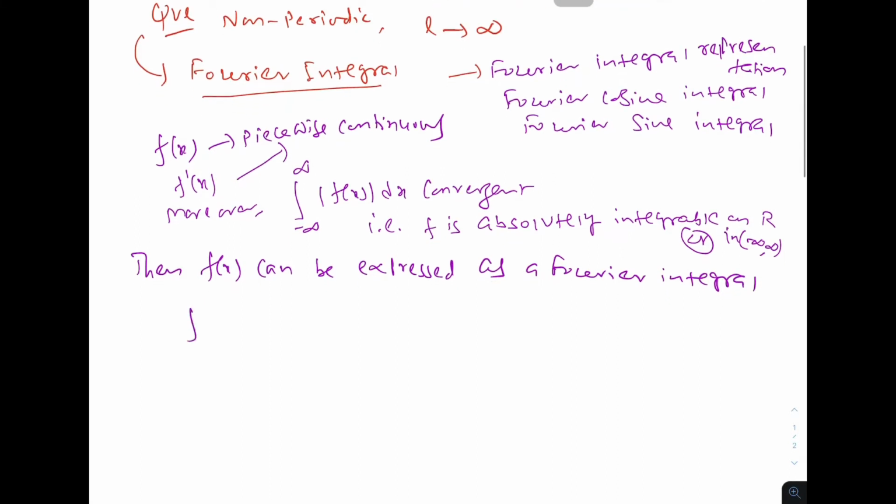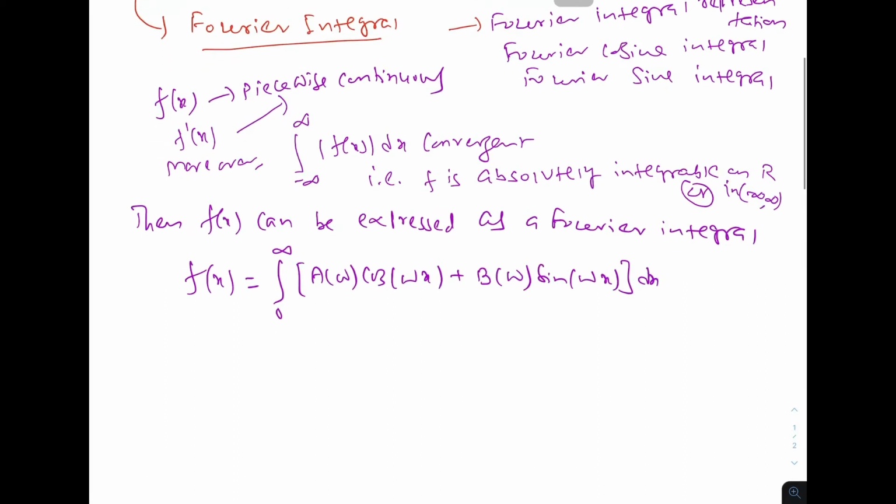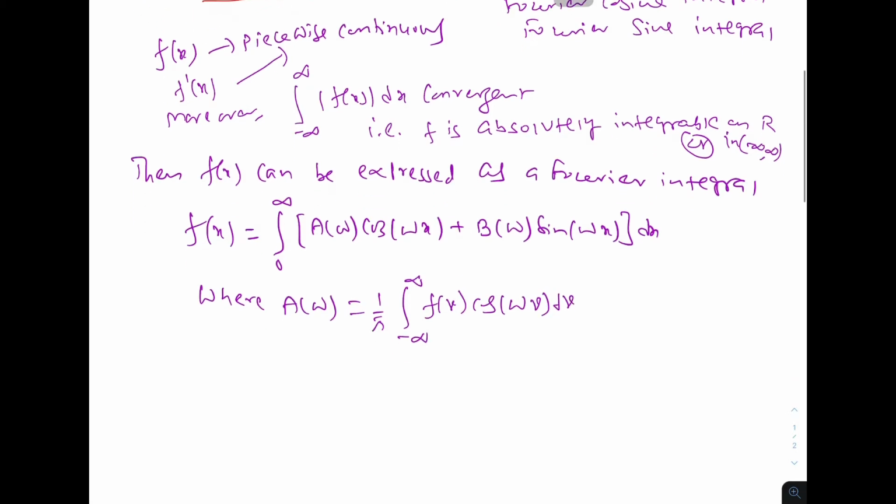The representation is f(x) is equal to integration 0 to infinity of [A(omega) cos(omega x) + B(omega) sin(omega x)] d omega, where A(omega) is 1 over pi integration minus infinity to infinity f(v) cos(omega v) dv, and B(omega) is 1 over pi integration from minus infinity to infinity f(v) sin(omega v) dv.